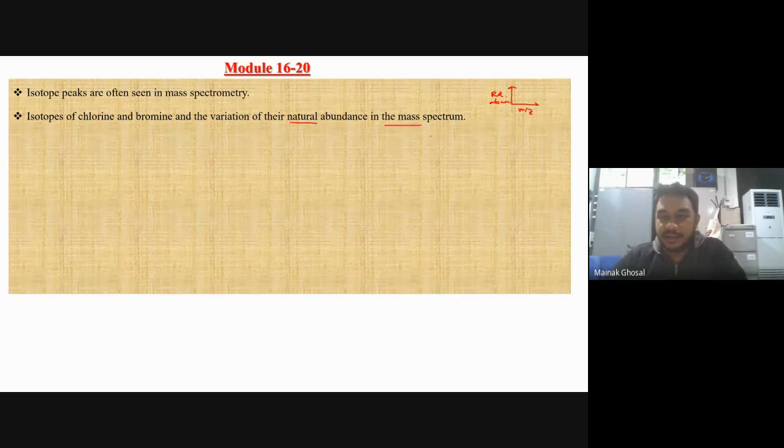So isotopes of chlorine and bromine, and the variation of their natural abundance in the mass spectrum, can be easily detected. Chlorine has two isotopes, 35 and 37, and bromine has two isotopes, bromine 79 and bromine 81.